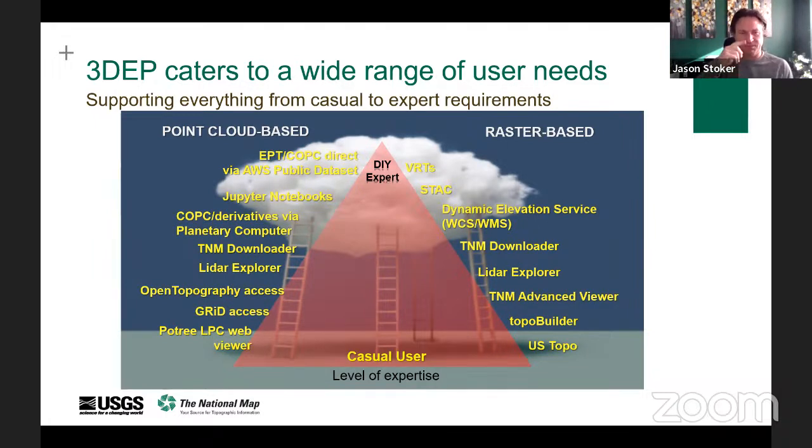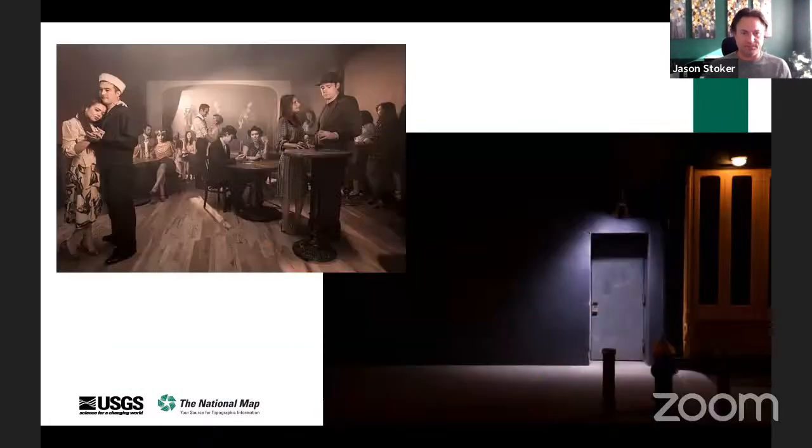I'm not going to go into depth on each of these individual pieces, but just to show that we're aware of the wide range of uses, and we've been trying to enable this multi-level of expertise access to our data, so hopefully people can extract the value out of it that they need, depending on their level of expertise.